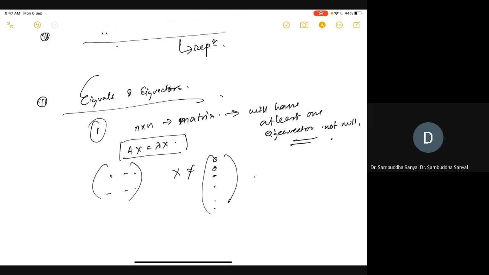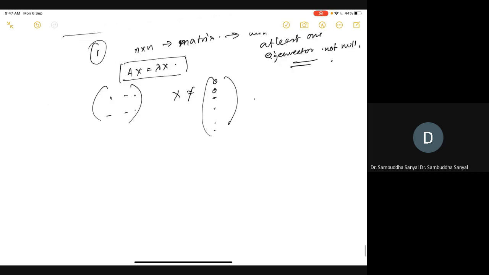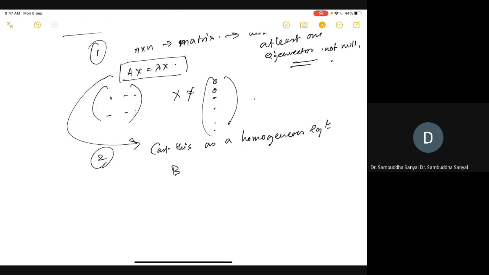Now the next thing is to use a useful property of matrices to find the eigenvalue. We can cast this equation as a homogeneous equation, which means the right hand side is 0, so you can write it as Bx equal to 0, where B is A minus lambda I, which is a very trivial statement.